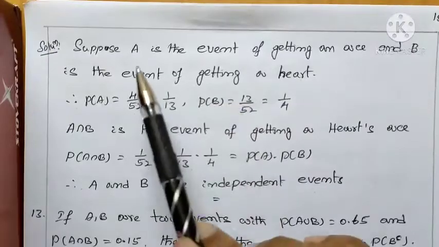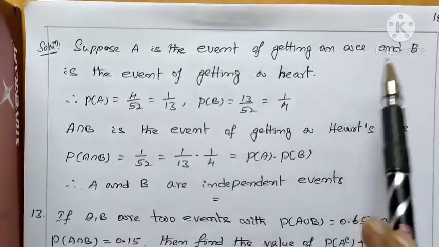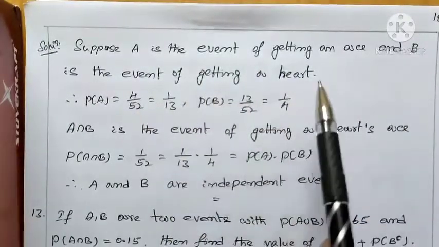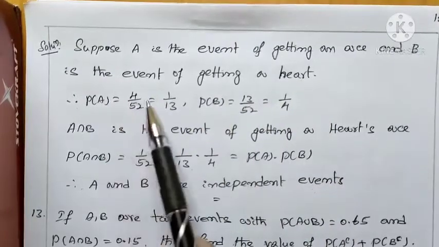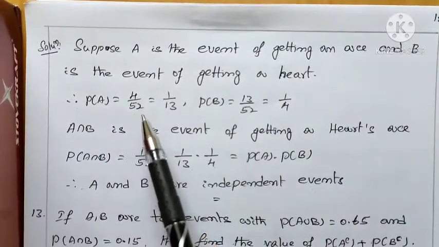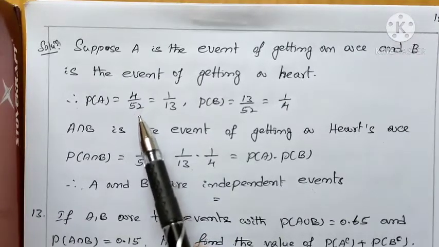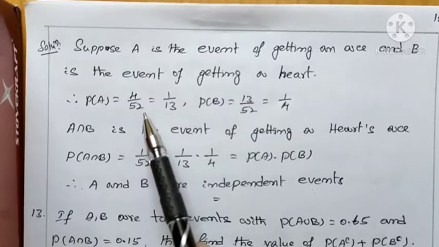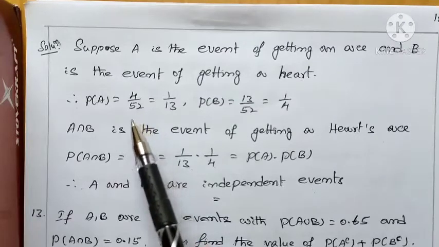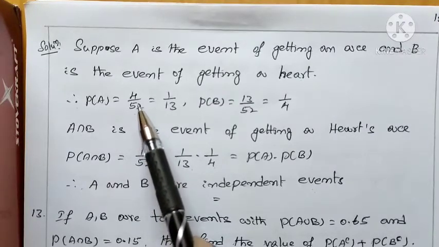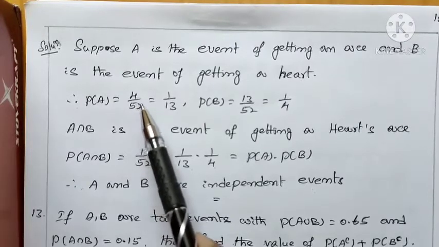Suppose A is the event of getting an ace and B is the event of getting a heart. In a playing cards set, there are 52 cards. So N of S is equal to 52. In that, there are 4 aces.